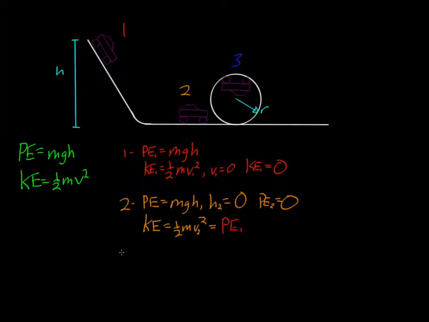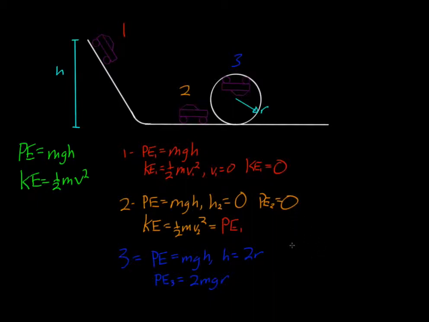Point 3 gets a little more complicated. You have potential energy, still equal to mgh. However, your h at point 3 equals 2 times the radius. So your potential energy at point 3 equals 2mgr.